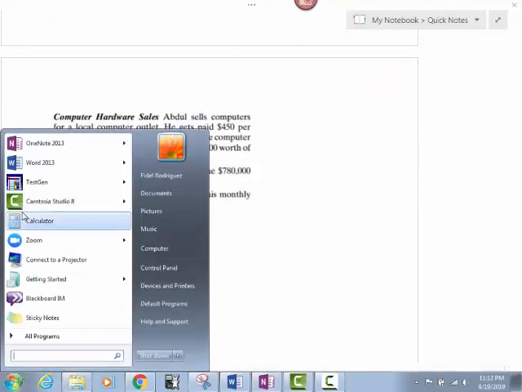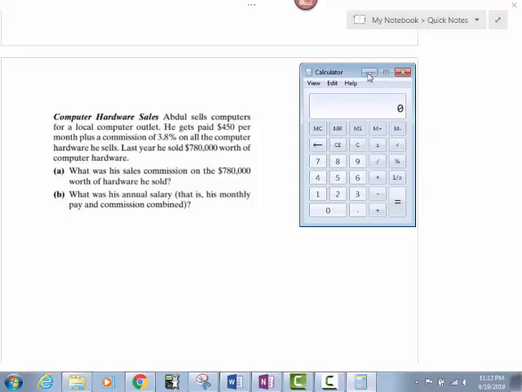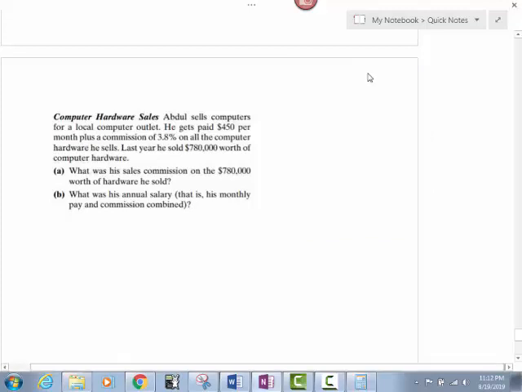And let's take a look at our last problem. Okay. Computer hardware sales. It says Abdul sells computers for a local computer outlet. He gets paid $450 a month plus a commission of 3.8% on all computer hardware he sells. Last year, he sold $780,000 worth of computer hardware.